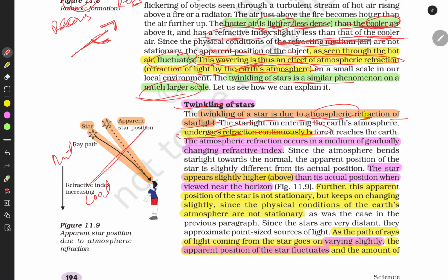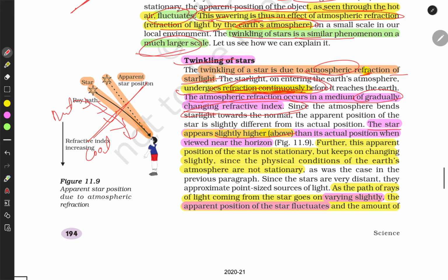It changes gradually from hot to cool, so the refractive indices are also changing gradually. So the light undergoes continuous refraction and bends slightly towards the normal, as atmospheric refraction occurs in a medium of gradually changing refractive indices.